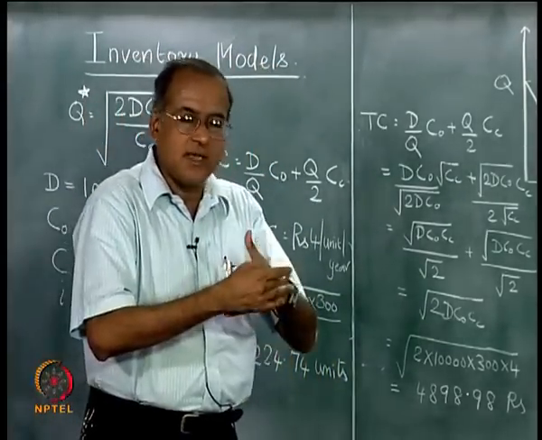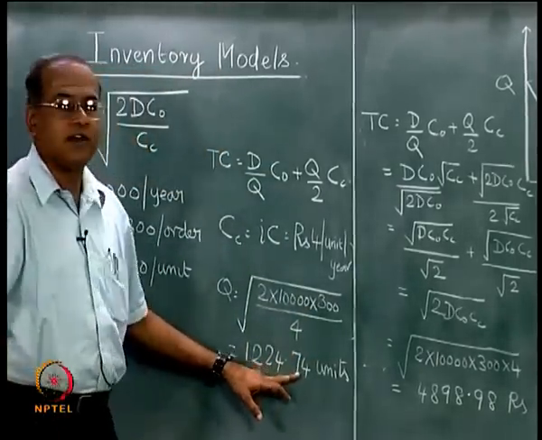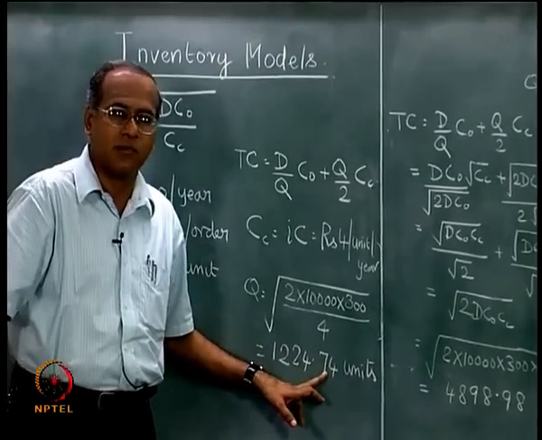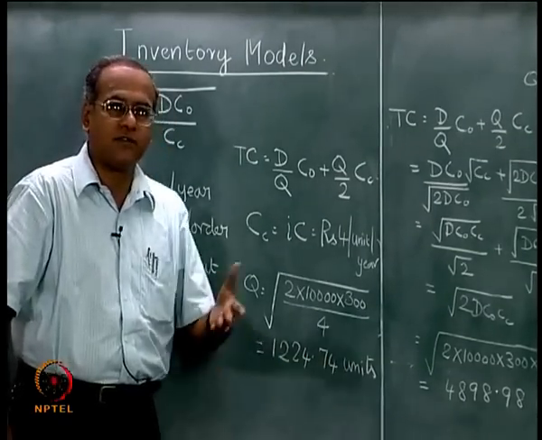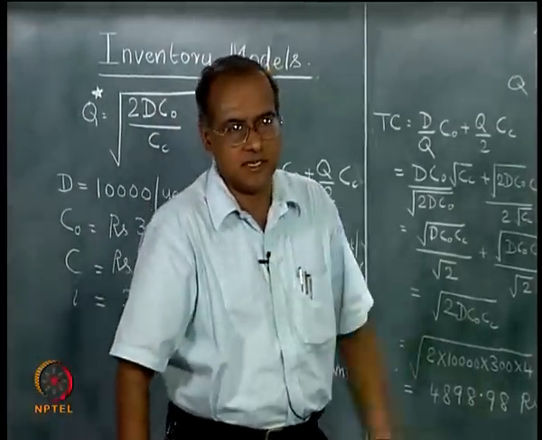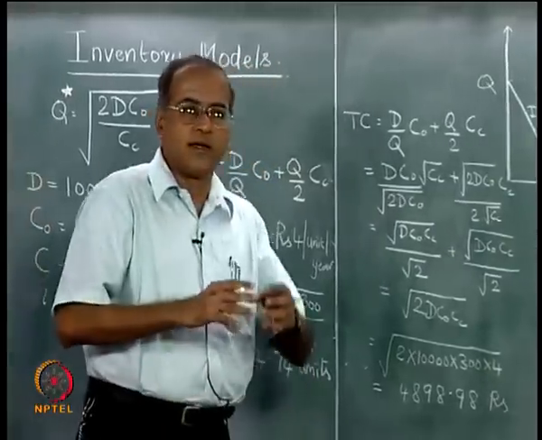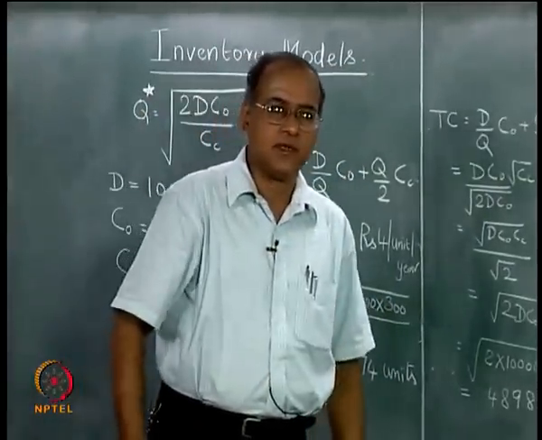So, the first lesson is that we need not really worry about the fact that we have a fractional or decimal number coming here. It can be rounded off to the next highest integer and there is absolutely no change in the total cost. Then we start looking at multiples of 100.